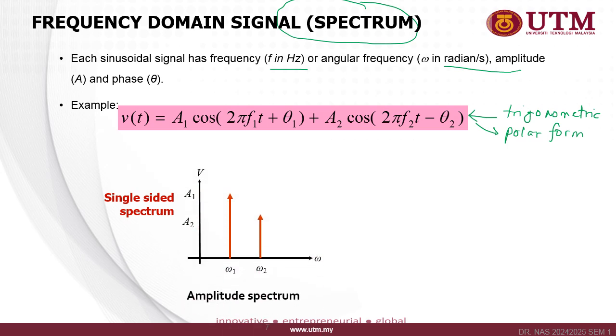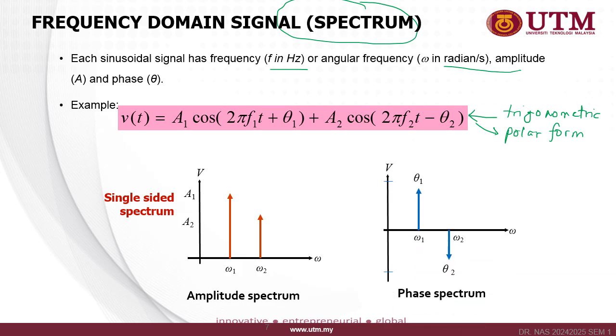To plot a single-sided spectrum, you need to separate the amplitude spectrum and the phase spectrum. First, identify how many frequency components you have in the equation. For this particular example, you have two frequencies: the first is omega 1, and the second is omega 2.